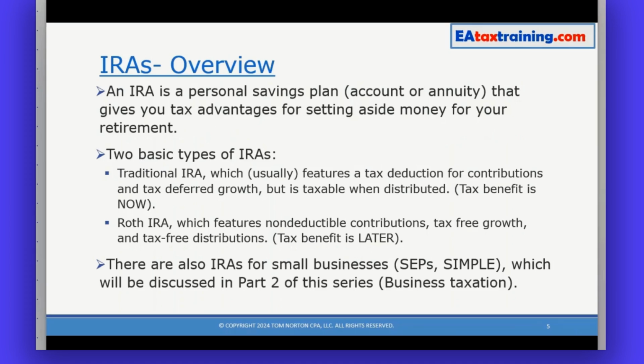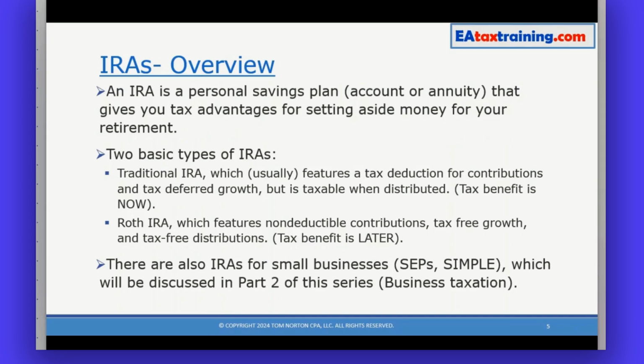It's an incentive so that you will do that, so that you can help take care of yourself once you retire. There are two basic types of IRAs, traditional IRAs and Roth IRAs. We're going to talk about each of these in some depth. But with a traditional IRA, you get a tax deduction now for putting the money in, and then when the money comes out, when you retire, you pay tax at that time.